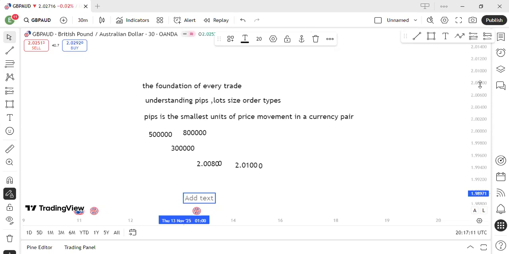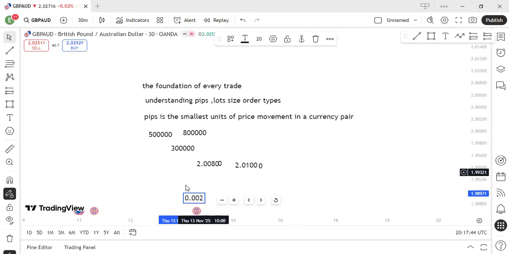There is a system you can use to calculate it, I'll teach you later, but I just want to show you something. 2.01000 minus 2.00800. So now the answer will be 0.002.